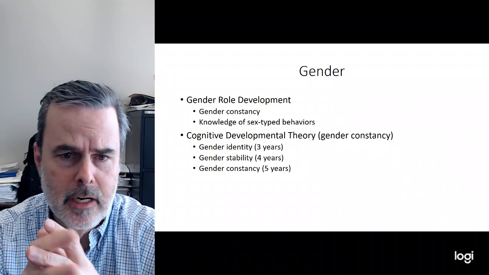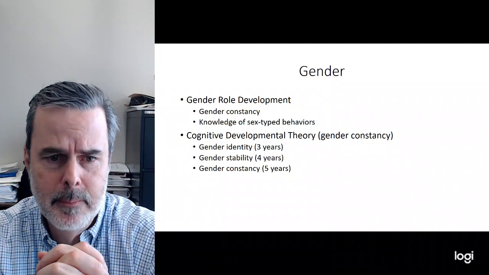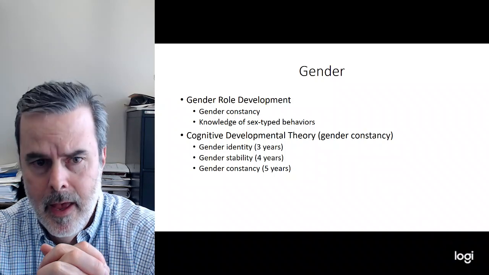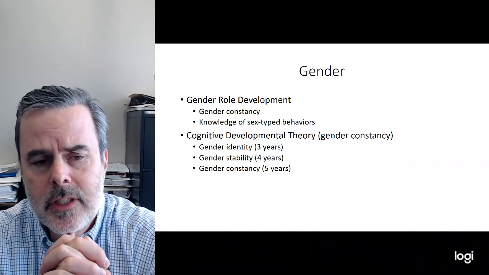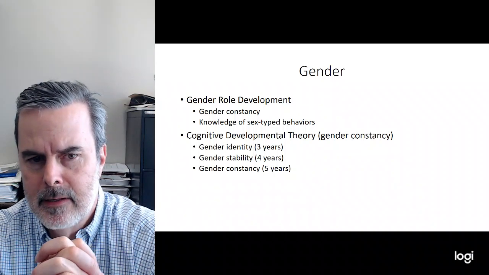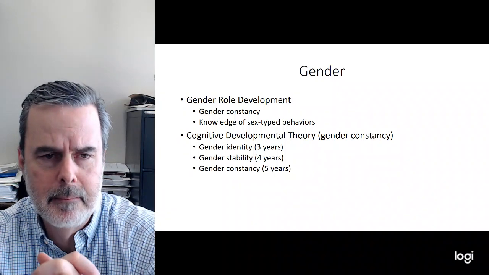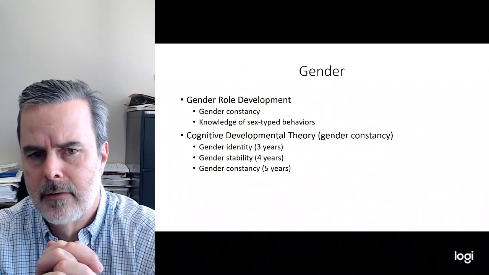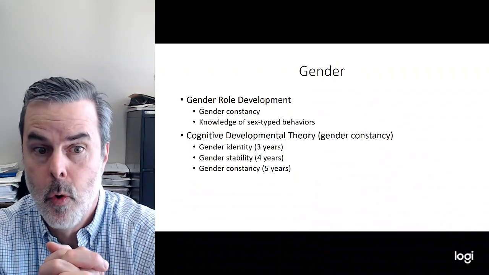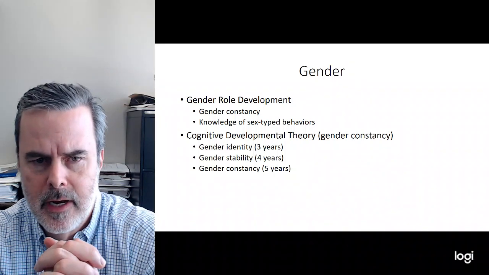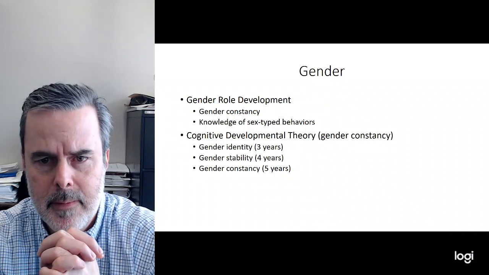And research on gender role development seeks to understand how people develop this knowledge of sex-type behaviors and whether it affects their own behavior in certain ways, whether it affects how they interact, for example, how a young child interacts, for example, with different types of toys that are masculine or feminine. I'll talk about a study that addresses just that issue in a moment.